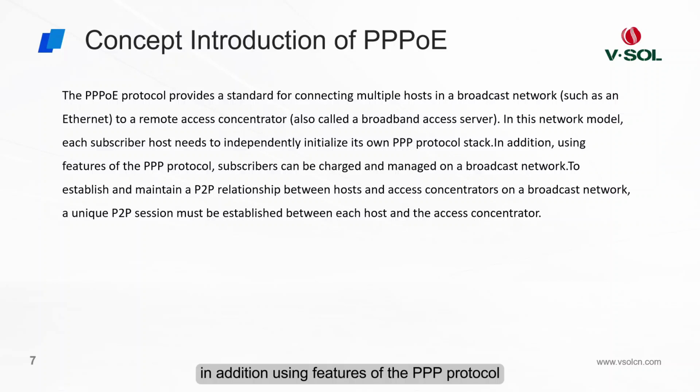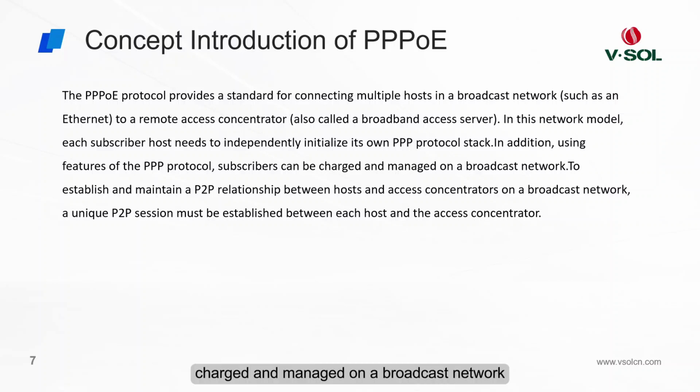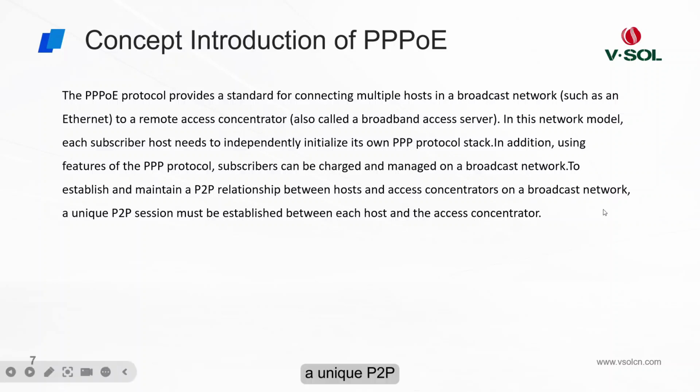In addition, using features of the PPP protocol, subscribers can be charged and managed on a broadcast network. To establish and maintain a P2P relationship between hosts and access concentrators on a broadcast network, a unique P2P session must be established between each host and the access concentrator.